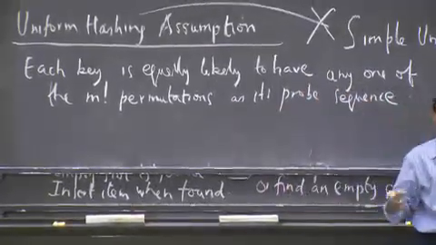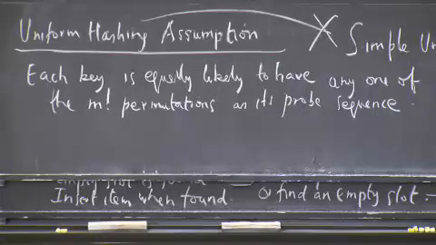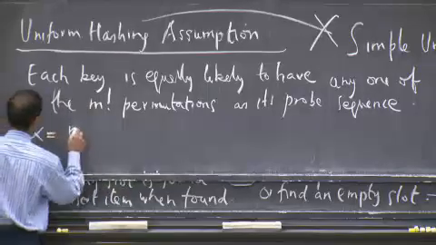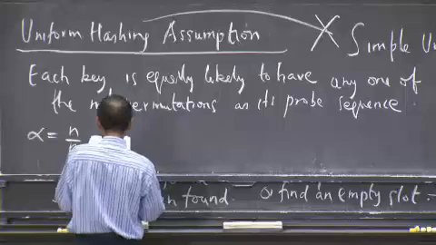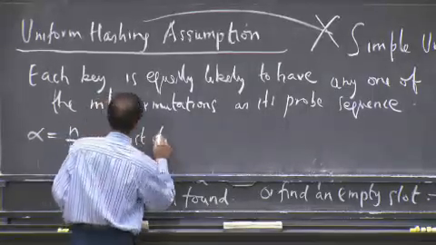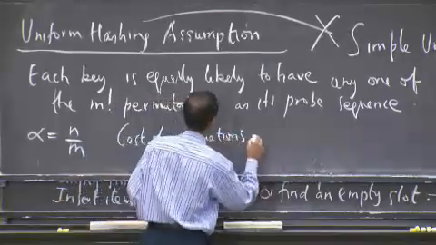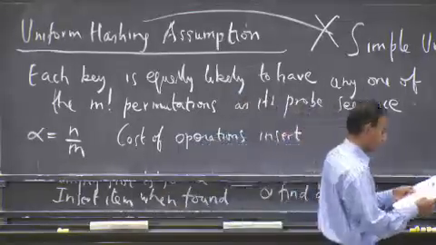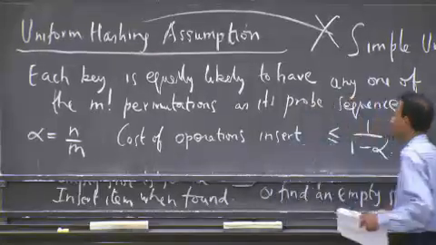Assuming that you have this, and double hashing gives you this property to a large extent, what this means is that if alpha is n over m, you can show that the cost of operations such as search, insert, delete, etc., and in particular we'll talk about insert, is less than or equal to 1 divided by 1 minus alpha. Okay?